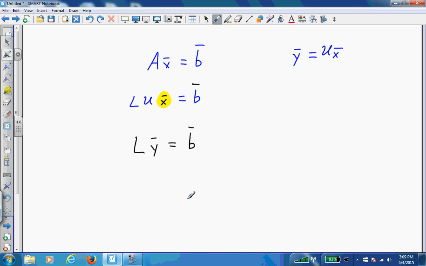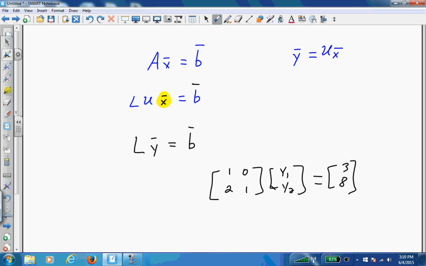So an example of a system like this, just make up a short example. If this was our lower, with y1, y2, and we know B is this. Then notice this first equation, we multiply row and column, y1 plus no y2 equals 3.